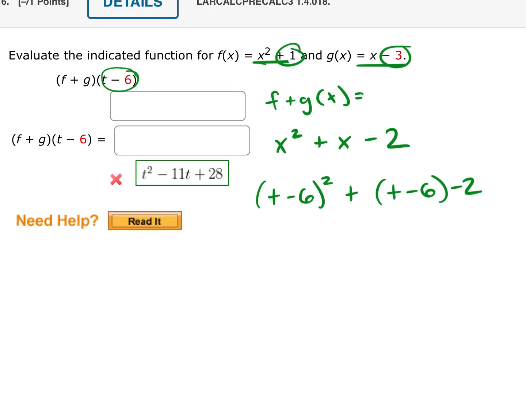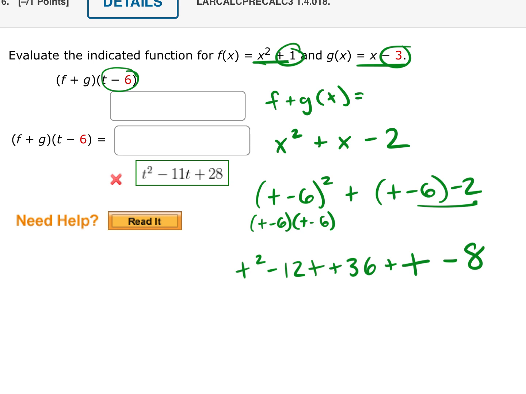From here, we'd have to simplify. So t minus 6 squared, FOIL it, t minus 6 times t minus 6. We get t squared minus 12t plus 36 plus t minus 8.